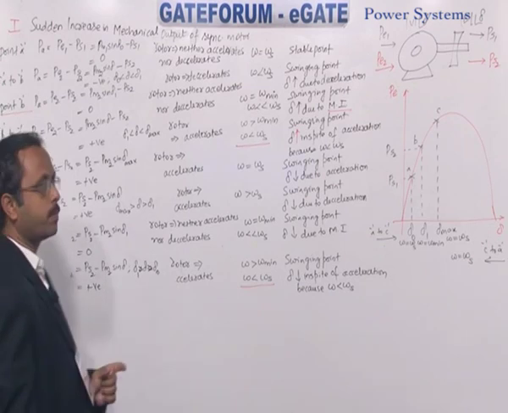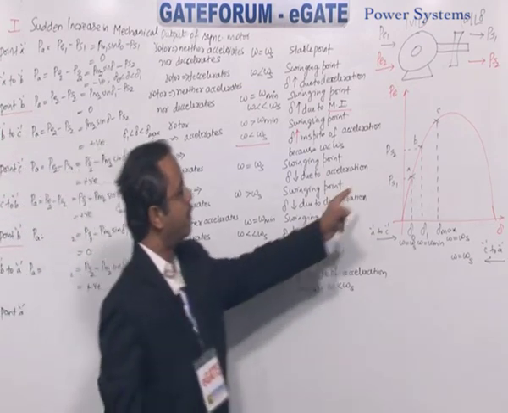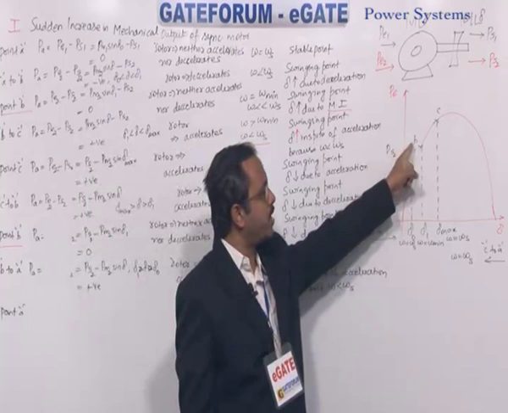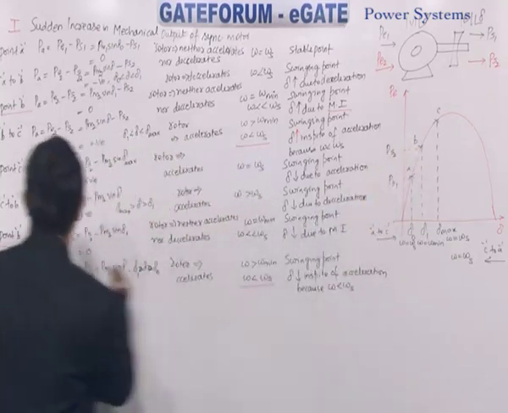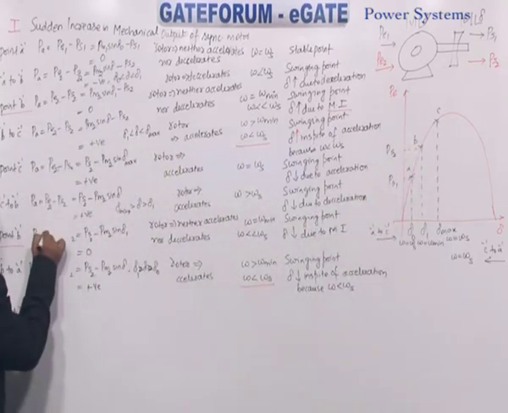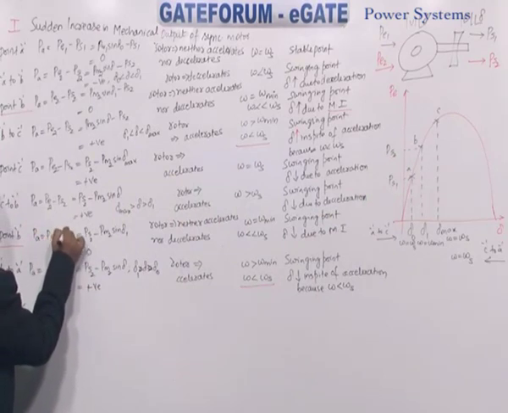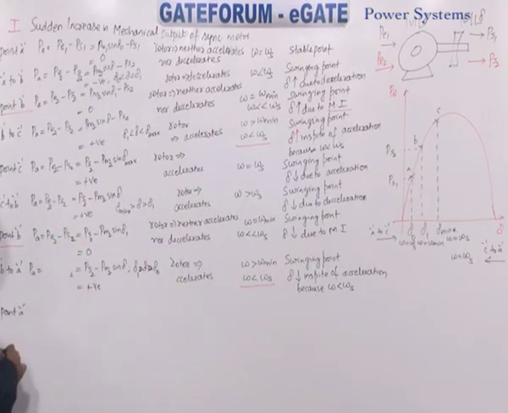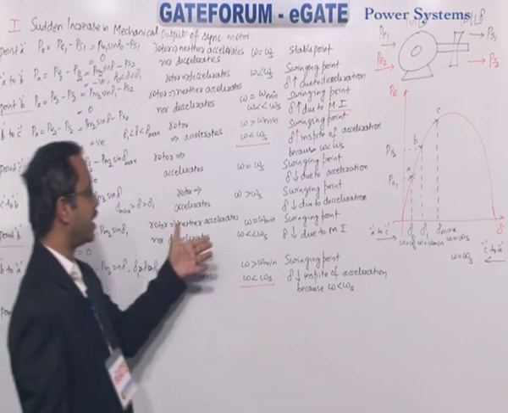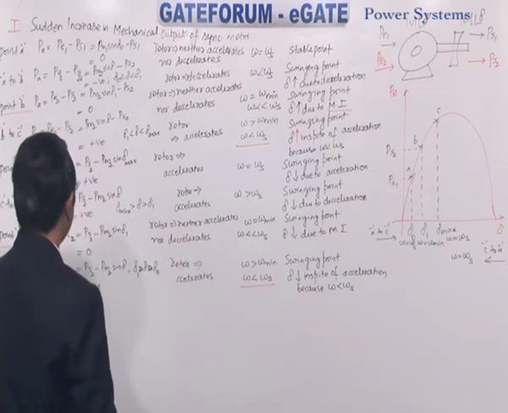Now check the point B. Electrical input same as mechanical output. So PE2 minus PS2 difference is 0. So rotor neither accelerates nor decelerates.